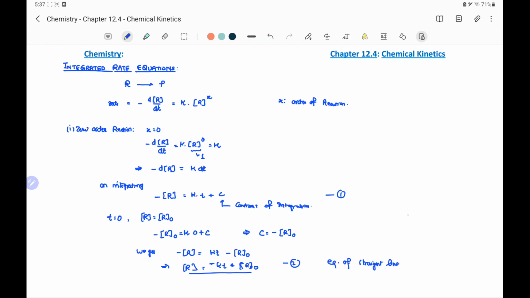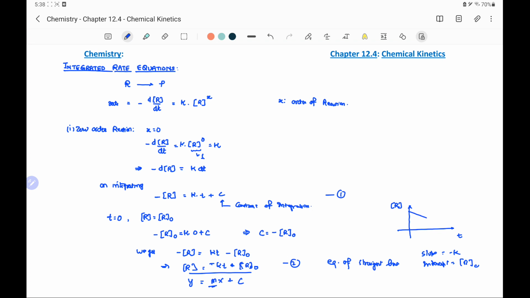That means if we draw a graph between the concentration of the reactant and time, then the slope will be minus K, because if we compare this with the equation of a straight line, the slope m is minus K, and the intercept on the y-axis is equal to R0.